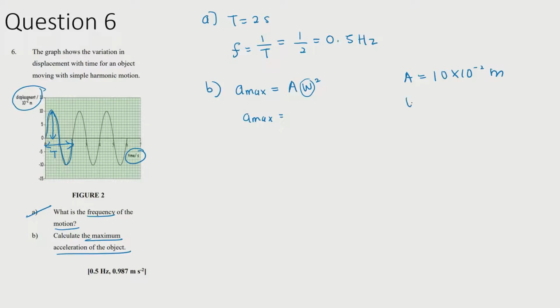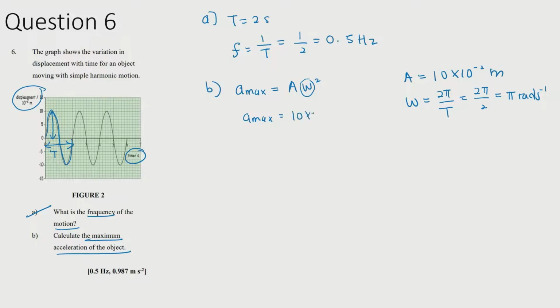What about our omega, our angular frequency? Can we look for it? Yes, we can use this formula, which is angular velocity equals 2 pi over period. So we already know our period. Our period is 2 seconds. So this will give us pi radian per second. So we already know our amplitude. We already know our angular frequency. We just substitute into the maximum acceleration formula.